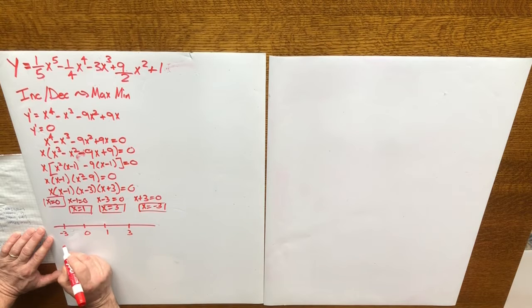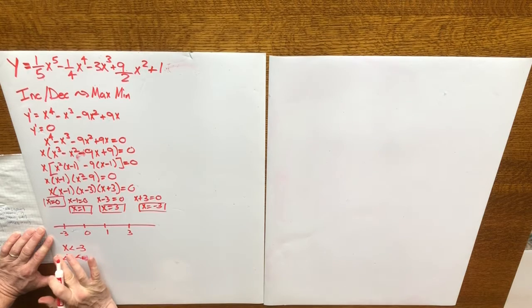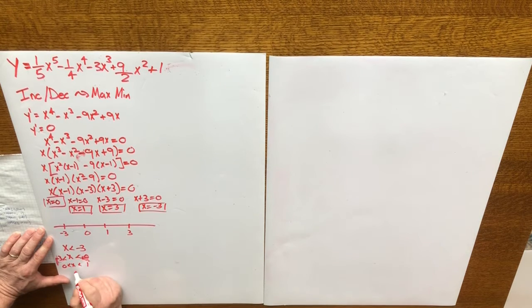Now let's make our first derivative chart. x less than minus 3. x is in between 0 and minus 3. x is in between 0 and 1. x is in between 1 and 3. x is greater than 3.